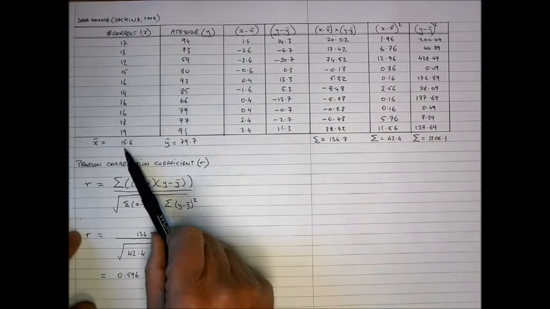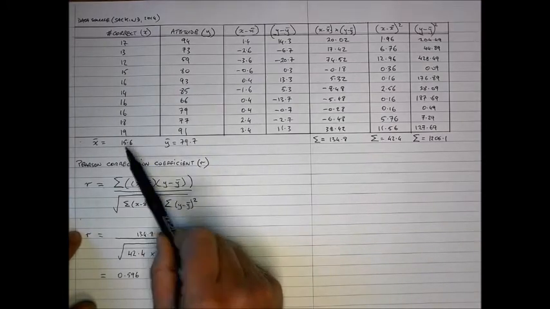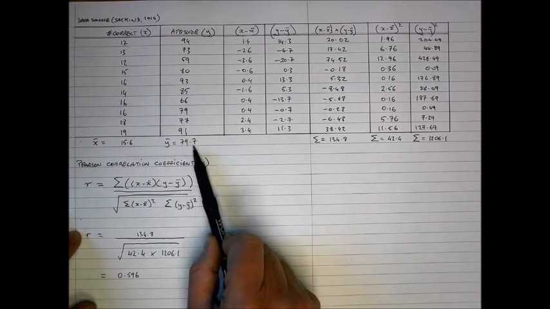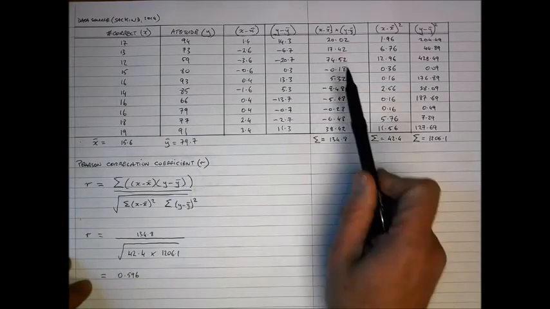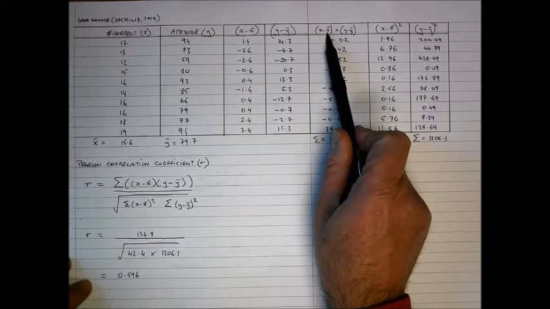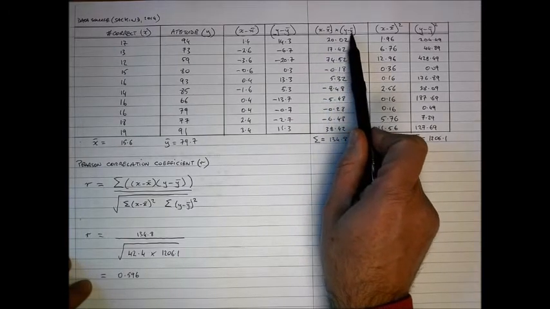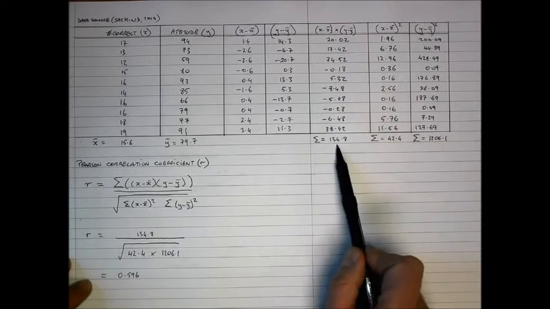I've calculated the mean of each of these. The mean of X is 15.6 and the mean of Y is 79.7, which we will need a little bit later on. To work out my values to plug into the R equation, I've taken each value of X minus the mean, multiplied it by each value of Y minus the mean of Y, and summed all those values up.